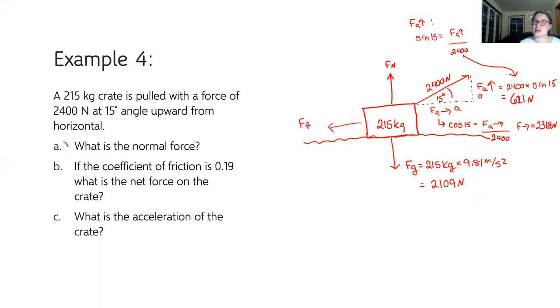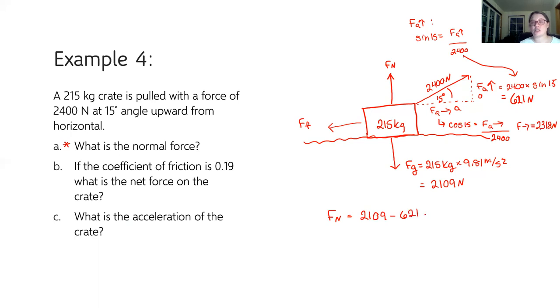Now let's go back to A. What's the normal force? If I'm pulling up with a force equal to 612 newtons, and gravity started out at 2,109 newtons, how much of the force of gravity is left for the normal force to balance? Well, my normal force is going to be equal to what the force of gravity was, minus the amount that I'm pulling up.